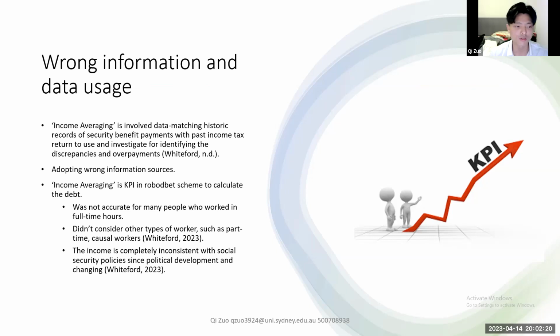The concept of income averaging is data matching historic records of social security and benefit payments with past income tax returns to investigate and identify discrepancies and overpayments. The scheme also adopted wrong information sources for many reasons.